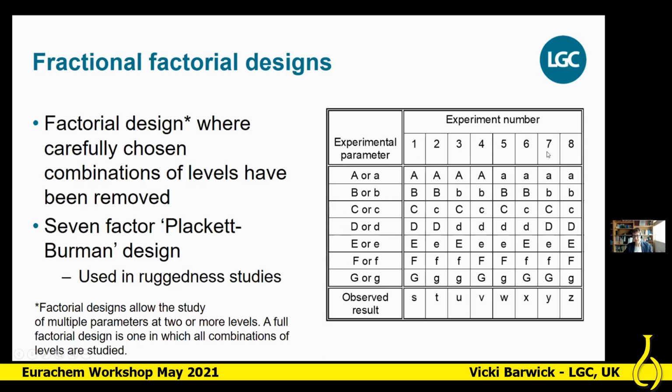And you can do that across 8 experiments. And the grid is just telling you the particular combination of conditions you need for each particular experiment. So you're changing the factors from one level to another in an orderly way as defined by the experimental design. So obviously I don't have time to go into these in detail during this presentation, but it gives you an idea of what might be available.